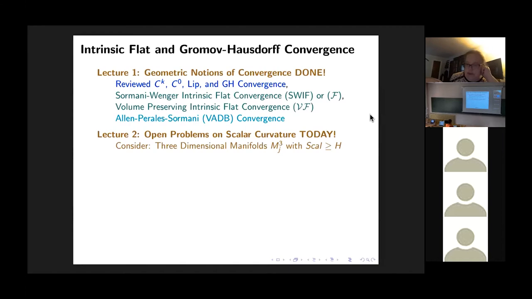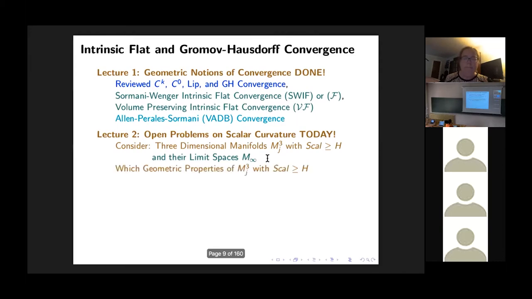We're going to consider three-dimensional manifolds with scalar curvature bounded below by H. H might be positive or almost non-negative, but very close to 0. We won't really be considering too much scalar greater or equal to -1 or anything like that in this lecture. And their limit spaces. Now, these limit spaces under volume-preserving intrinsic flat convergence are our primary concern.